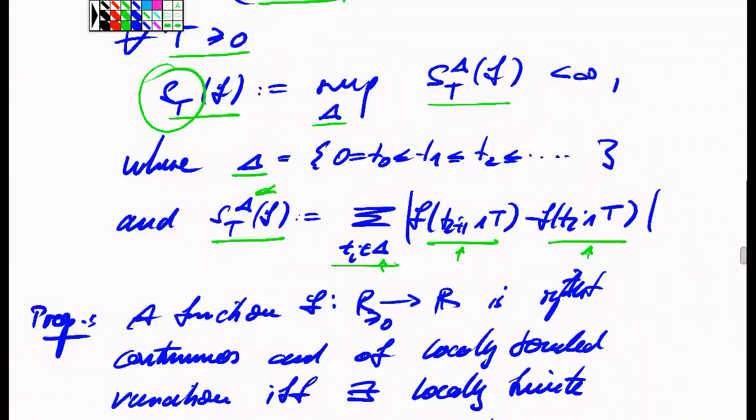Suppose you have a certain grid which we denote by delta, and by a grid here I want to understand a collection of time points, a countable collection of time points which are ordered, starting, if you like, from time point 0 with index 0 and time 0.